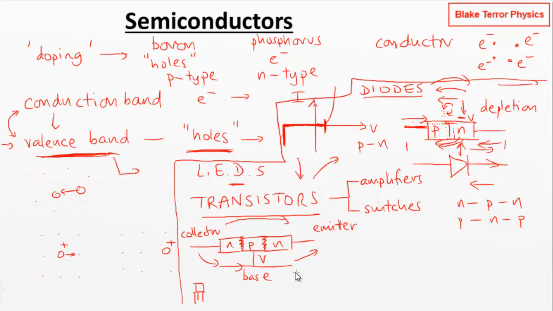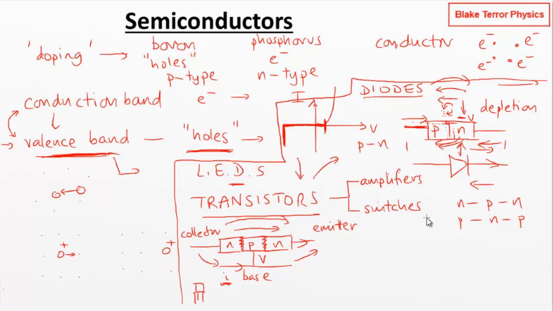We can have a small current at the base with a particular potential that then means we're more or less given enough push, a bit like we did with the diodes, that we can then open up the path from collector to emitter. And that means we can have a small current down here, a little I going through the base, which can open up the floodgates for a larger current going from collector to emitter.